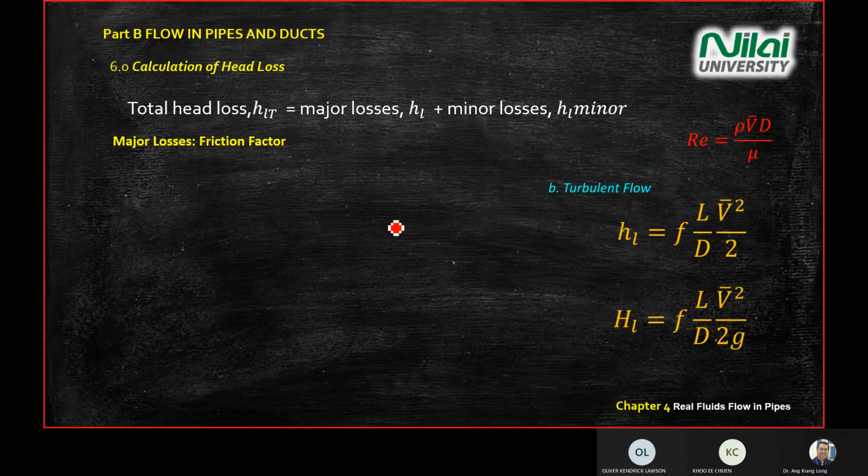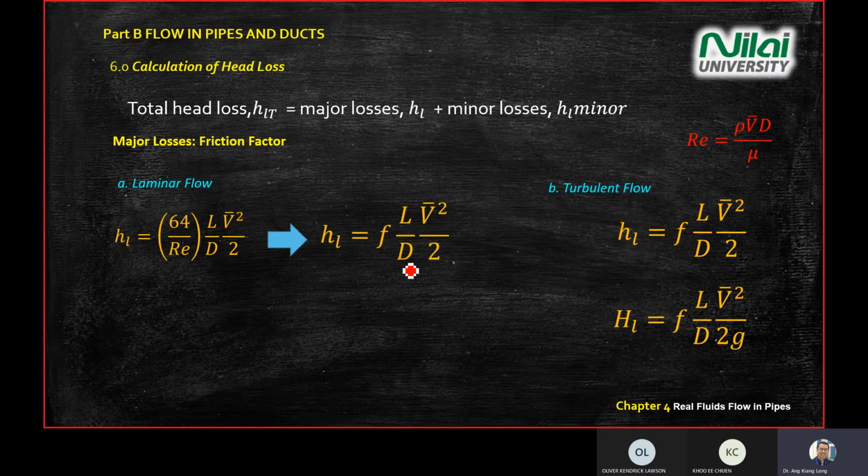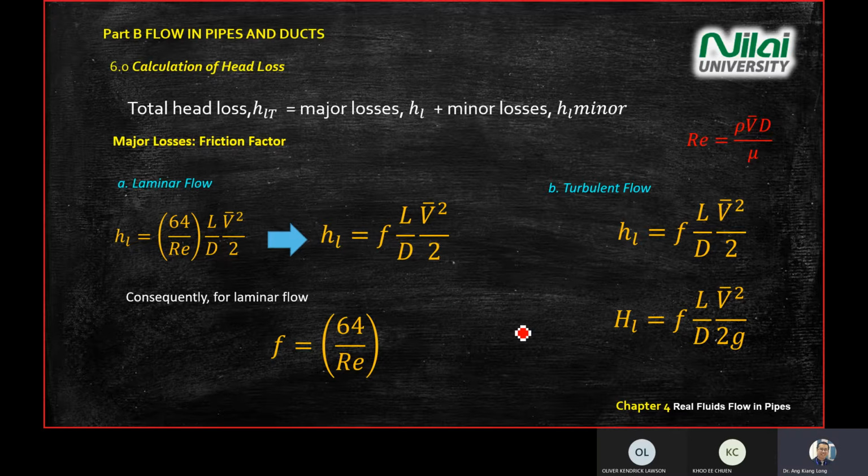They are important equations. If you compare the laminar flow and turbulent flow equations side by side, the laminar flow friction factor, or Darcy factor, will equal 64 divided by the Reynolds number.